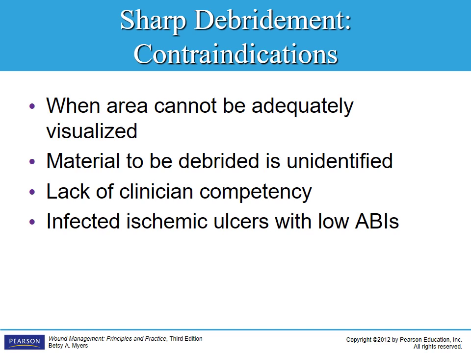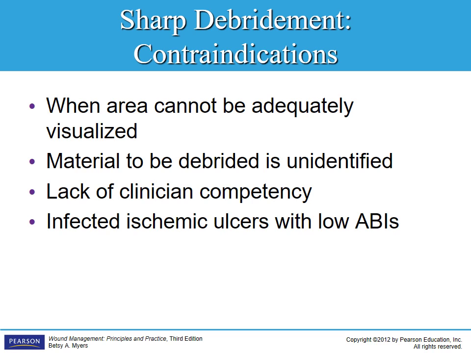And then the last one is, if you have an ischemic ulcer, meaning there is not good blood flow to the ulcer itself, so it has a low ABI, ankle brachial index, meaning there is not good perfusion to that area. It's an ischemic ulcer. It is caused because there's not good blood flow and is infected.